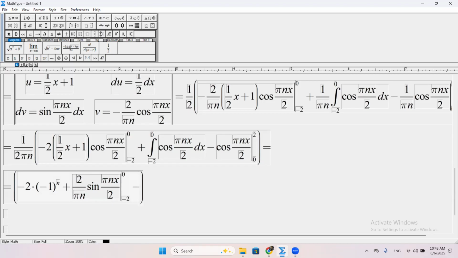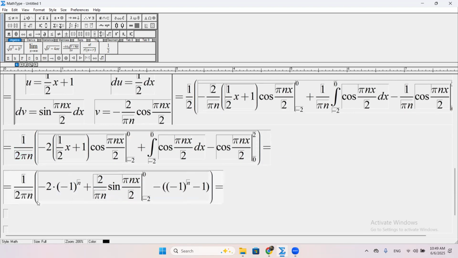And minus, substituting 2 we will receive cosine of pi n. So minus 1 in power of n minus 1. And now let's simplify it a little bit, but let's not lose this multiplier.